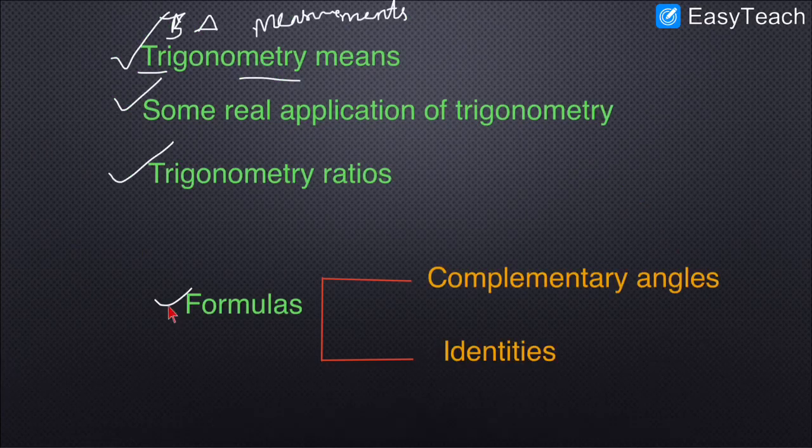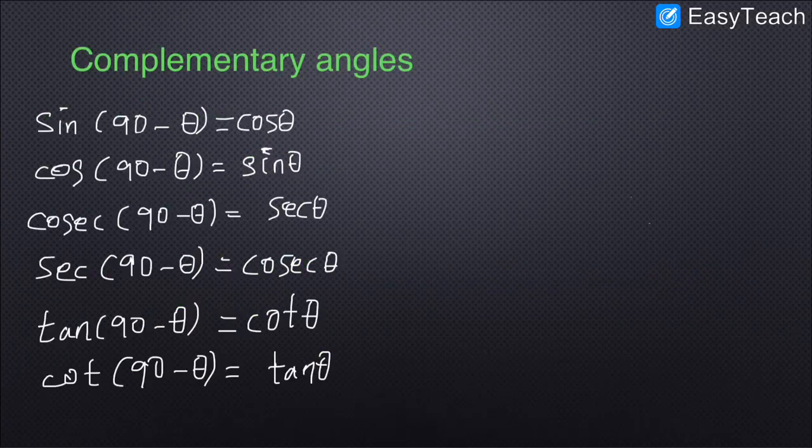Okay, let's move on to the next one, the formulas for complementary angles. This complementary angle concept is very helpful when an angle is given that is not from the table, which we are going to study later. We can easily find the values using complementary angles.